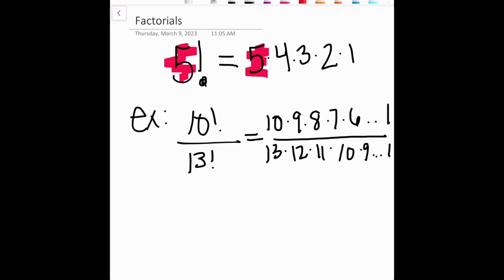And if I simplify that, I have the same factors of 10 in the numerator and the denominator, 9, and also 8, 7, 6, all the way down to 1.